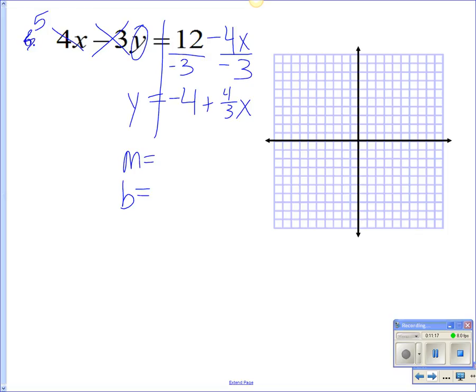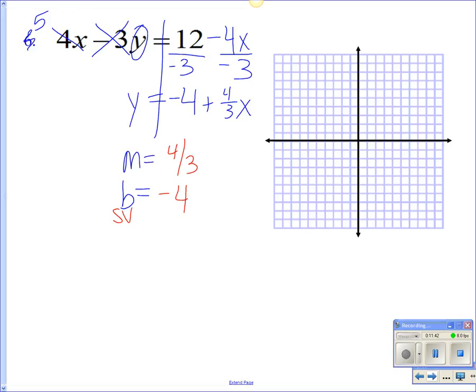Allison, what's your M going to be? Gracie, what's your B going to be? All right, Andrew, which one of those is my starting value? The M or the B? Which one's starting value? B. So that's my starting value.